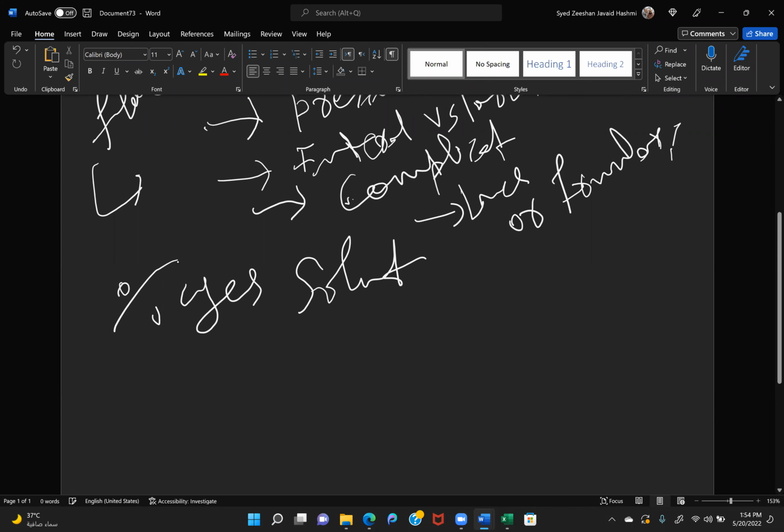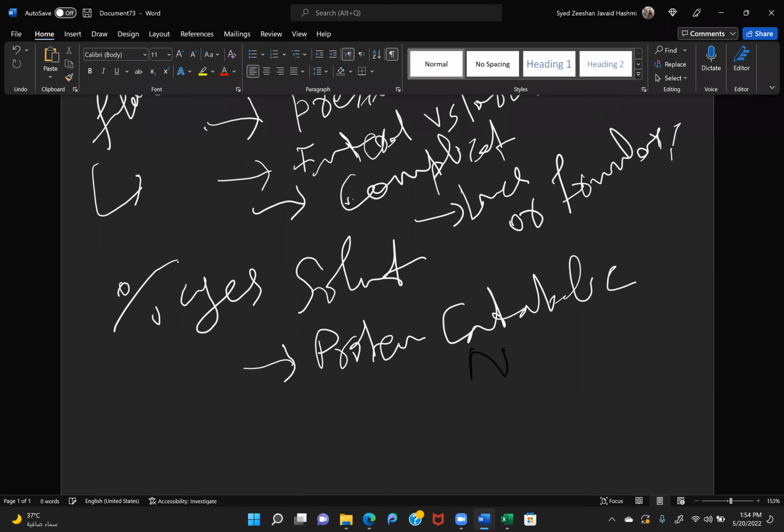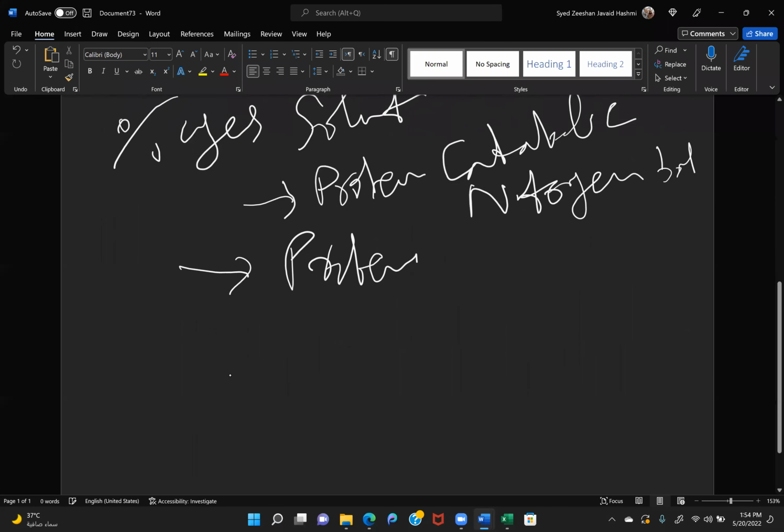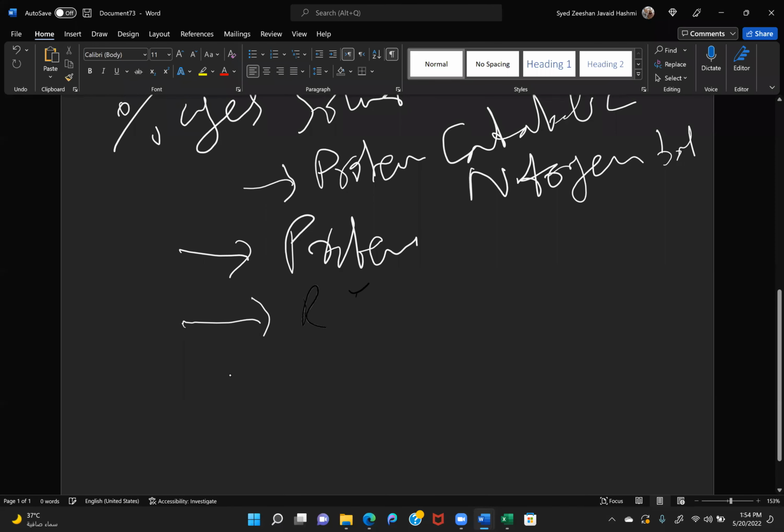Your basic purpose is to avoid protein catabolism, like nitrogen balance. If you have any problem with the kidneys, you will be avoiding proteins. And if you have any problem related to the respiratory system, then you will be decreasing the carbohydrates.